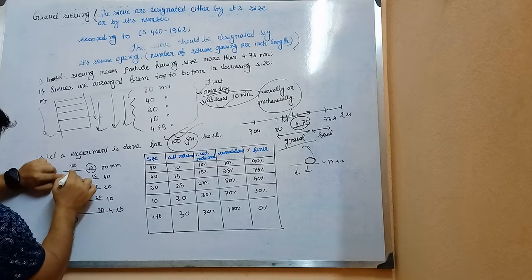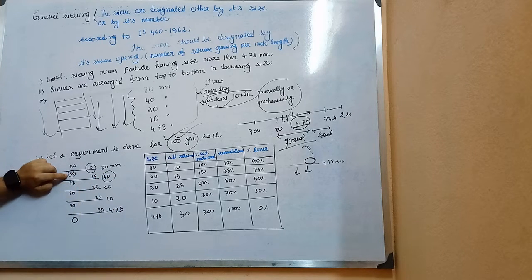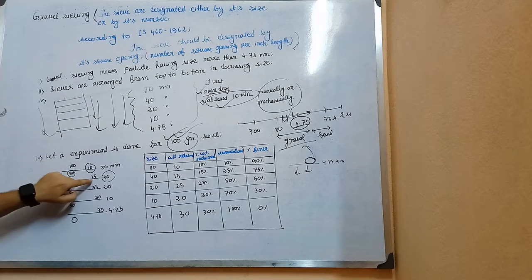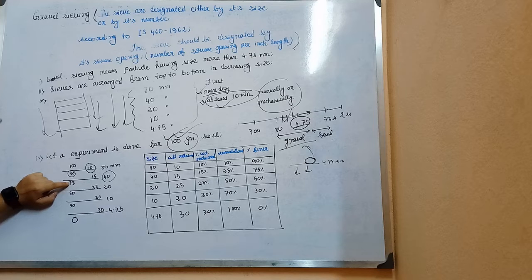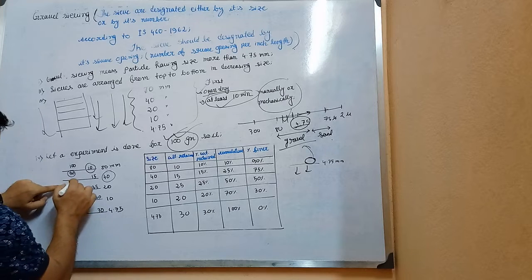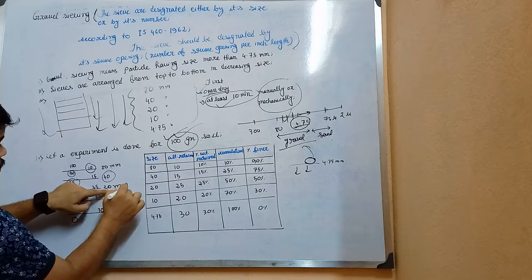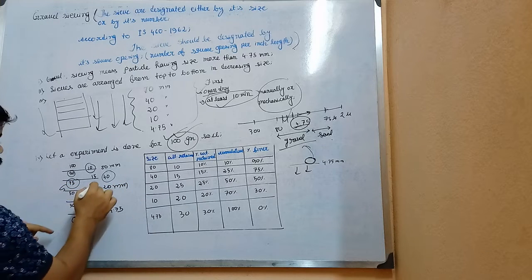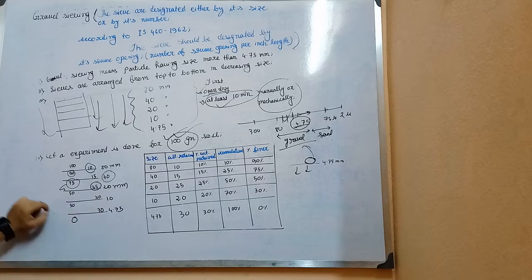From this 90 gram, it will come to the next sieve, that is the 40 mm sieve, where 15 gram is retained and 75 passed. From this 75 it will come to the 20 mm sieve, where 25 is retained and 50 passed, and like this 20, 30, 30 and 0.